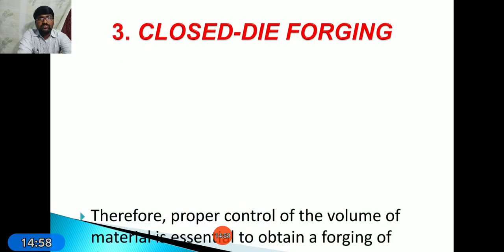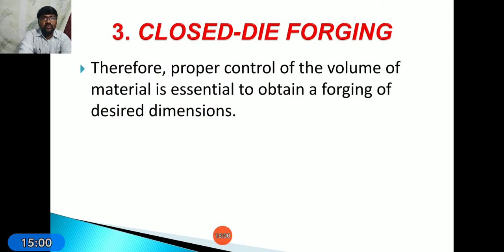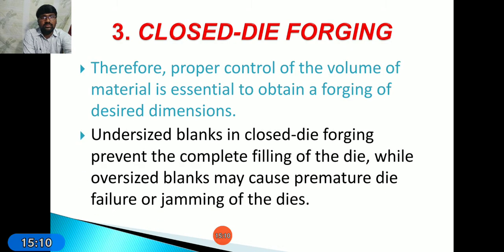Therefore, proper control of the volume of material is essential to obtain a forging of desired dimensions. Undersized blanks in closed die forging prevent the complete filling of the die, while oversized blanks may cause premature die failure or jamming of the dies.